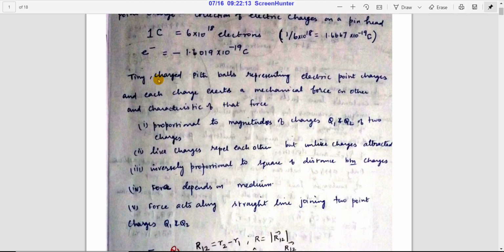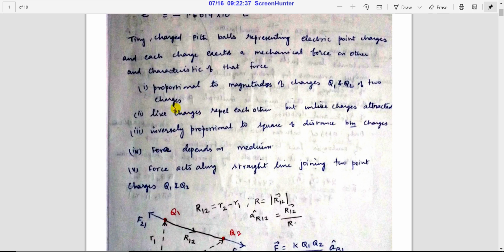In that, tiny charged balls represent electric point charges, and each charge exerts a mechanical force on the other. So if you are taking 2 charges, those 2 charges will be exerting a mechanical force, and that particular mechanical force and its characteristics mainly depend on these 5 points.